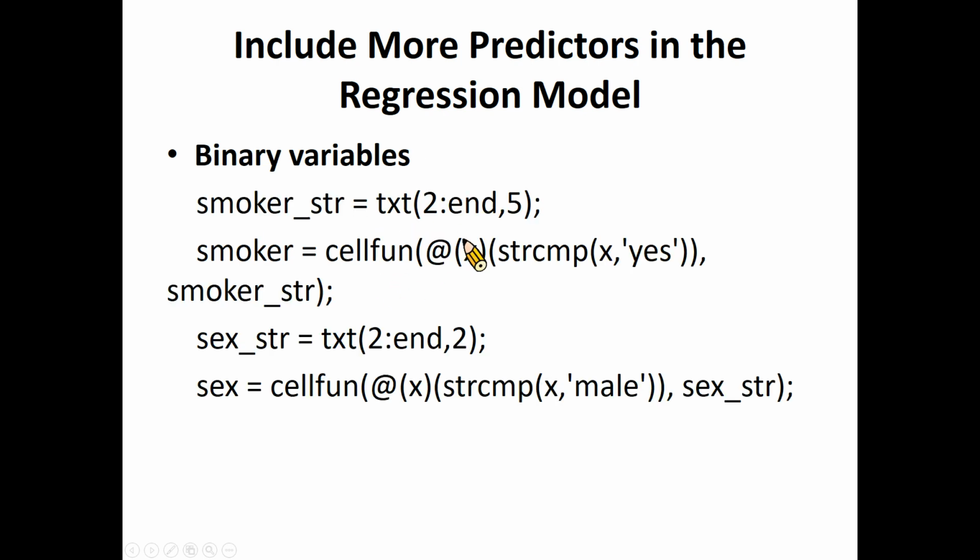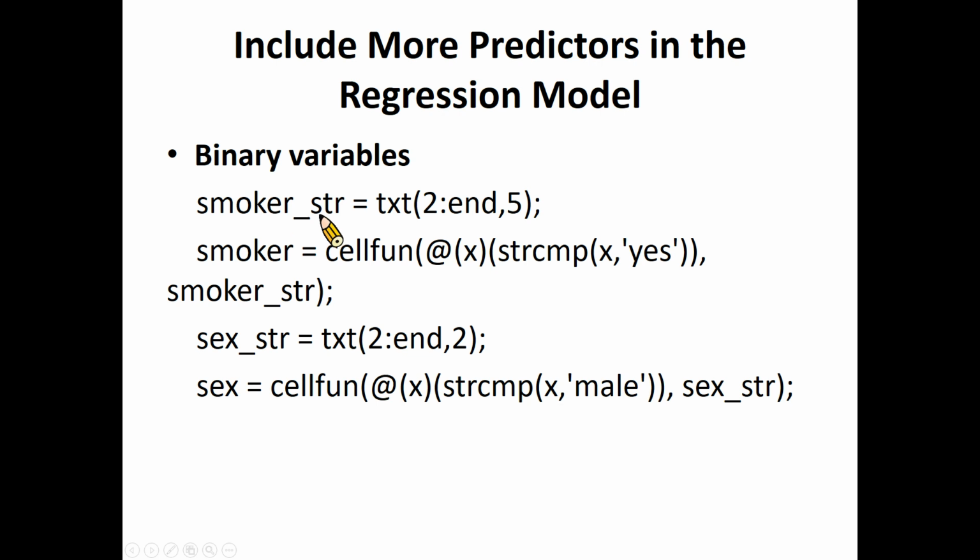Okay, so for the others, they are category variables. For the category variables, we can think about 2 cases. One is the binary variables, which means that the variable contains only 2 states. For example, the smoking status only contains 2 states in our case, which is smoker or non-smoker.